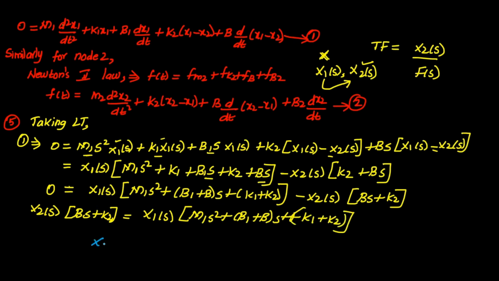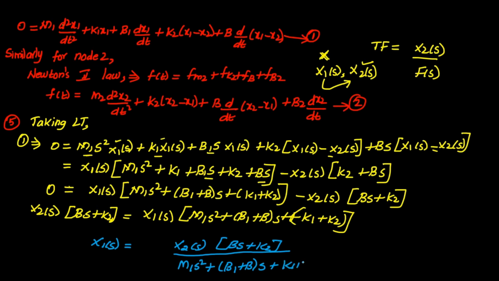Okay. So x1 of s is equal to x2 of s into bs plus k2 divided by m1 s square plus b1 plus b into s plus k1 plus k2. So this is the expression for x1 of s. Take this as equation number 3.